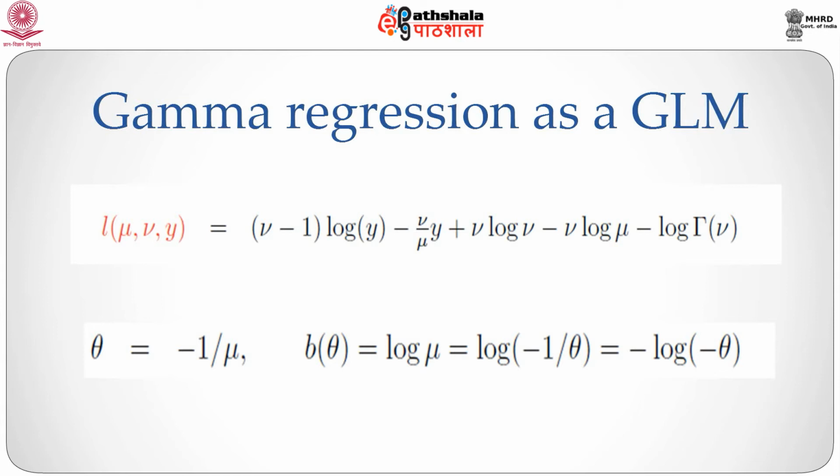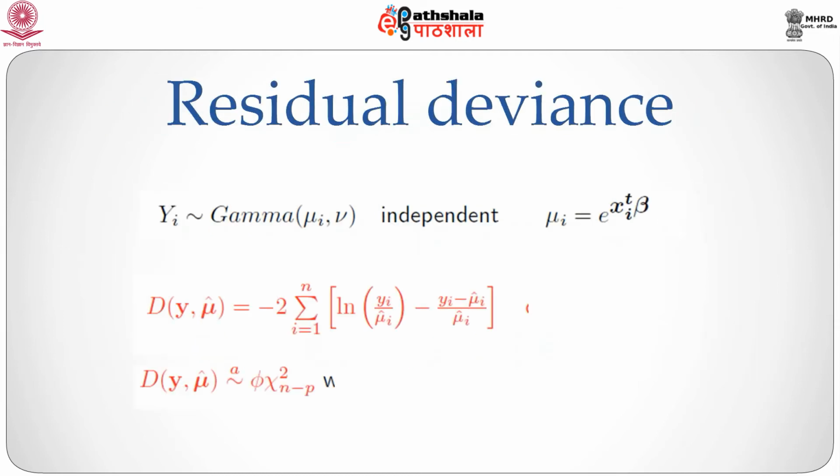The variance function is given by b double dash θ equal to 1 over θ squared or μ squared as required. We can define the form of the residual deviance for the gamma distribution, and this is given by D(y, μ hat) is minus 2 summation i equals 1 to n of ln of yi by μi hat minus (yi minus μi hat) by μi hat.